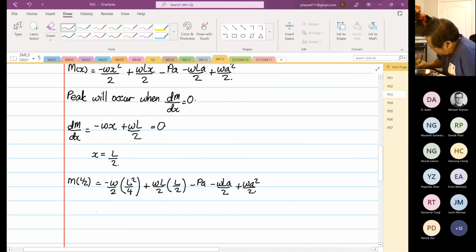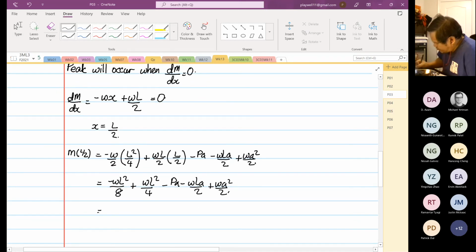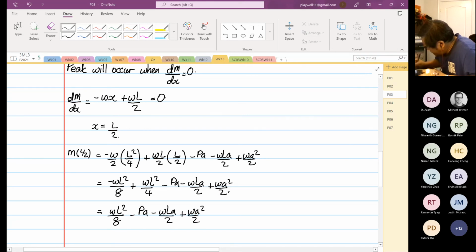So this will come out to be minus omega L squared over 8 plus omega L squared over 4 minus PA minus omega LA over 2 plus omega A squared over 2. So this will be equal to positive omega L squared over 8 minus PA minus omega LA over 2 plus omega A squared over 2.